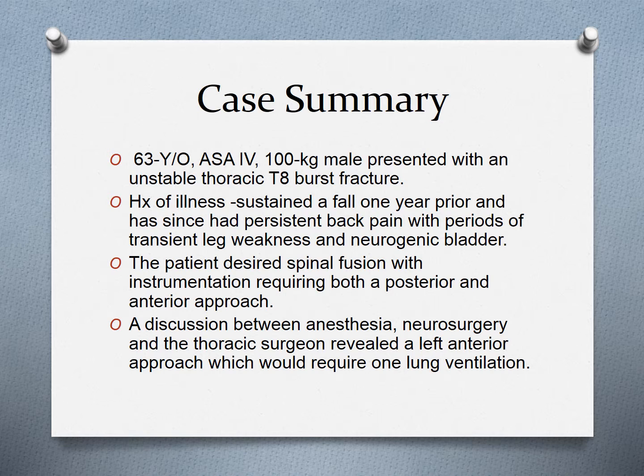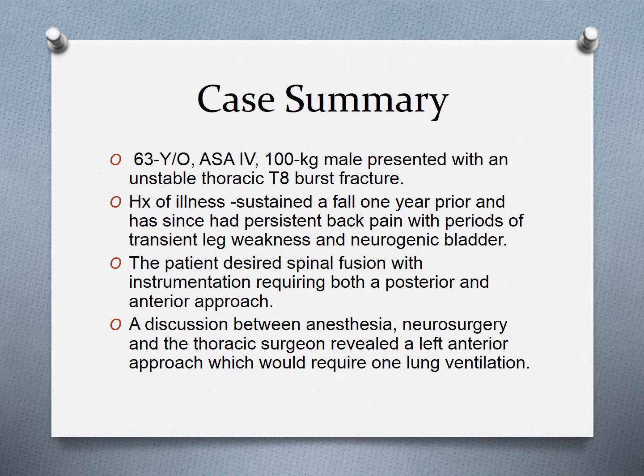So let's get into the case study. This was a 63-year-old male, ASA 4, weighing about 100 kilos, who presented for an unstable thoracic T8 burst fracture. His history was that he sustained a fall 1 year prior, which had left him with persistent back pain, periods of transient leg weakness, which led to more falls, and a neurogenic bladder.